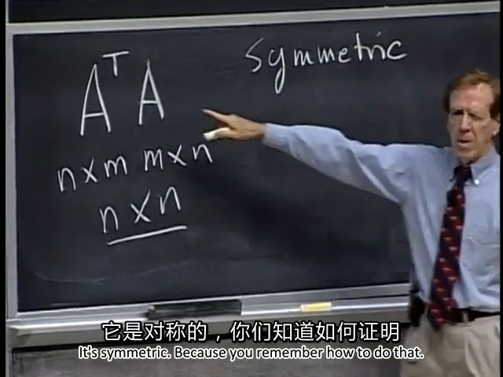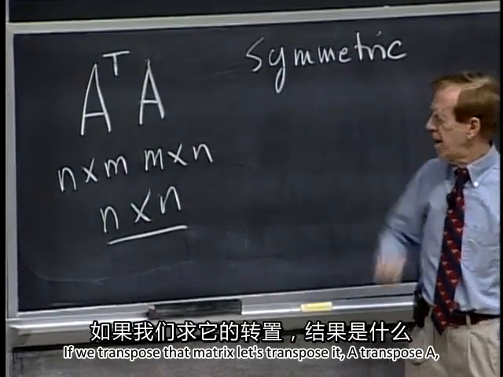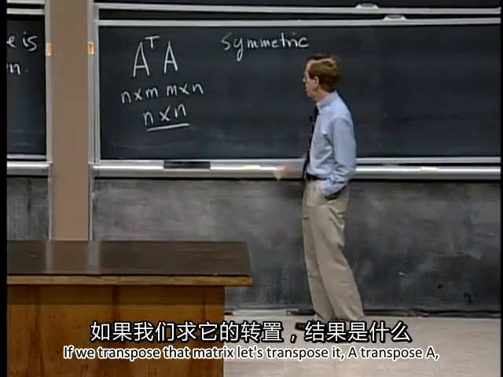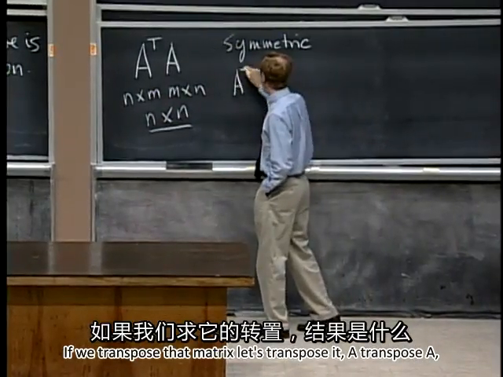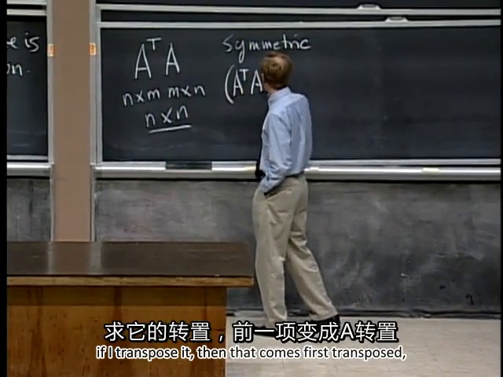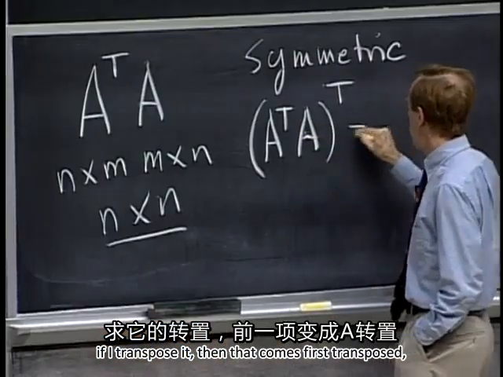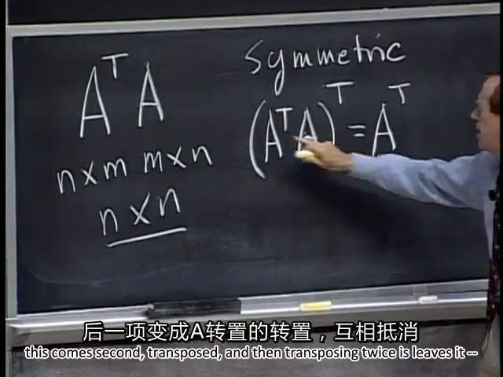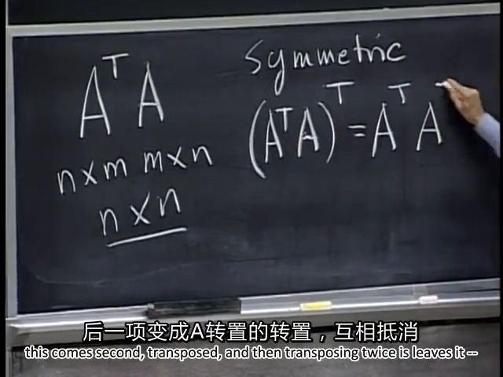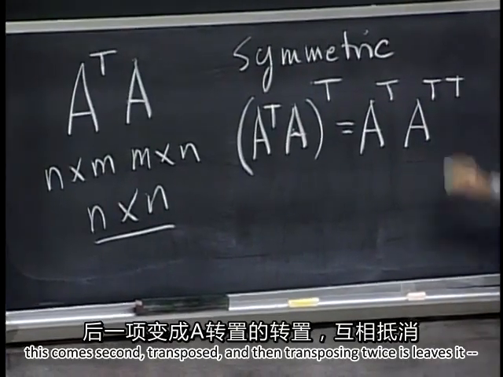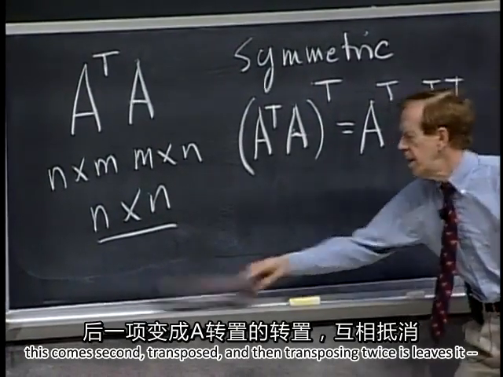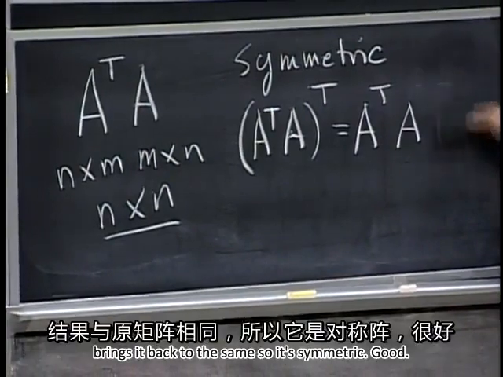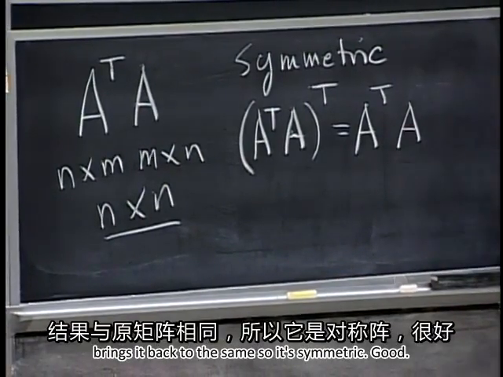Because you remember how to do that. If we transpose that matrix, A transpose A, then that comes first, transposed. This comes second, transposed. And then transposing twice brings it back to the same, so it's symmetric.